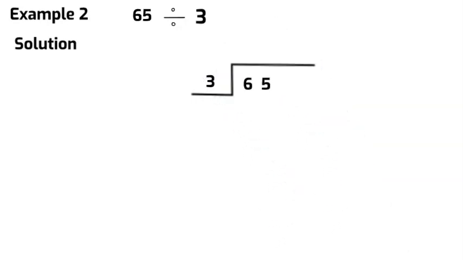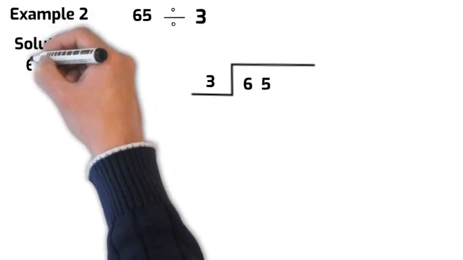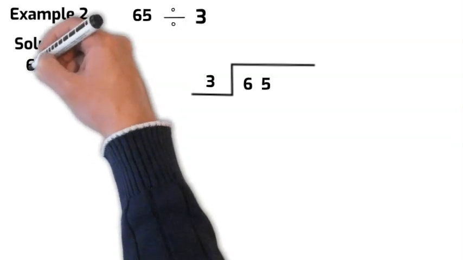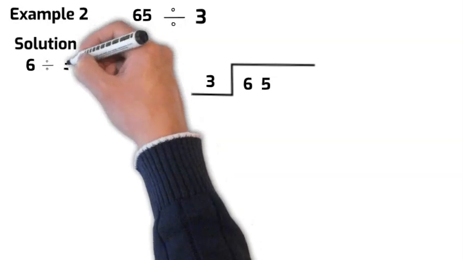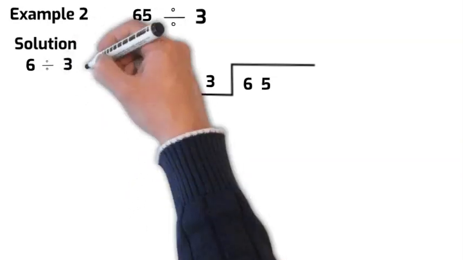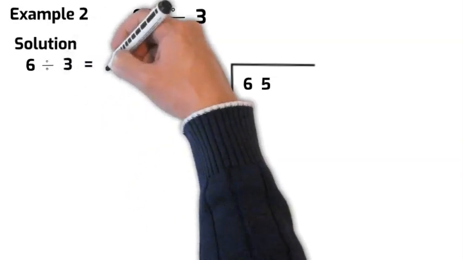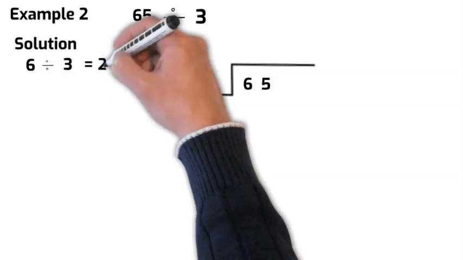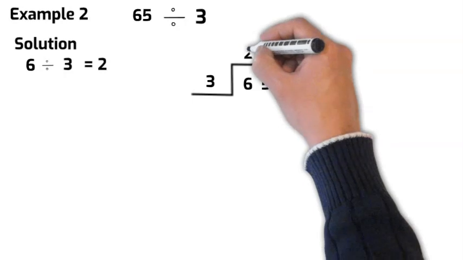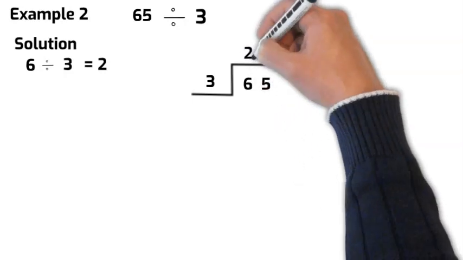Secondly, we divide the first digit of our dividend, which is 6, by our divisor 3. 6 divided by 3 is equal to 2. We go on top of our first digit of our dividend and write down 2.